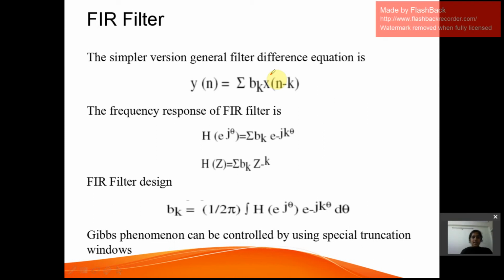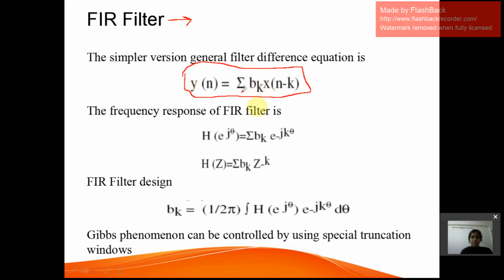In that, why is it called a finite impulse response filter? Simply we can say that the unit sample response of that filter lasts for only a finite time, depending on the number of coefficients it takes. What are the coefficients? bk. For example, this is the general difference equation for FIR filter.